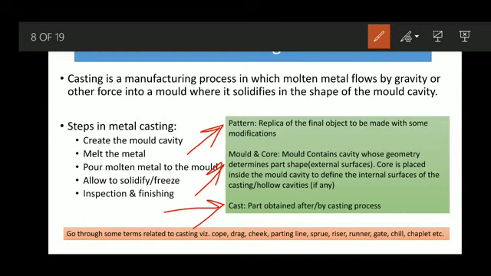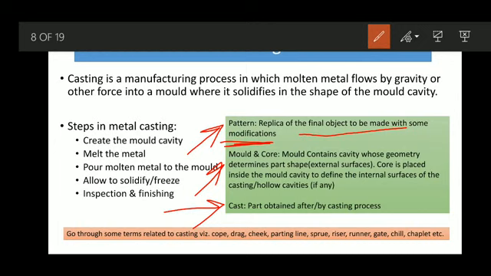So the pattern is nothing but the replica of the final object to be made, but there may be certain modifications. It's possible that in most cases we have certain modifications on it. The pattern is something like a solid thing, a replica of the final object.